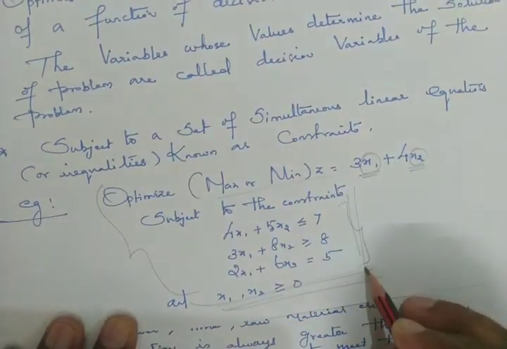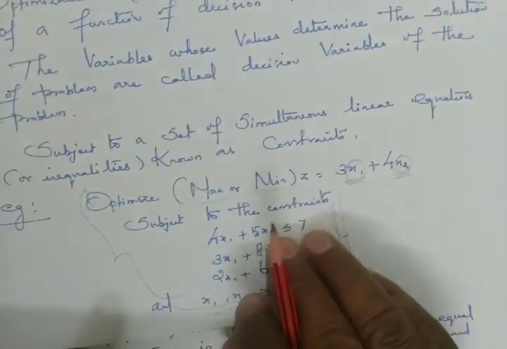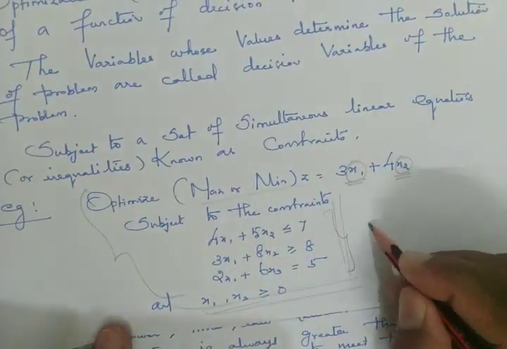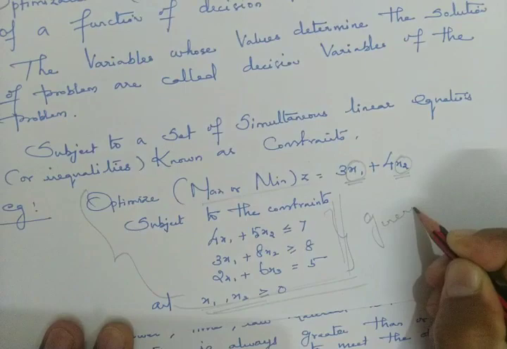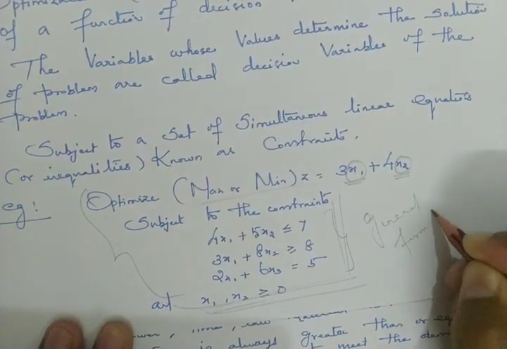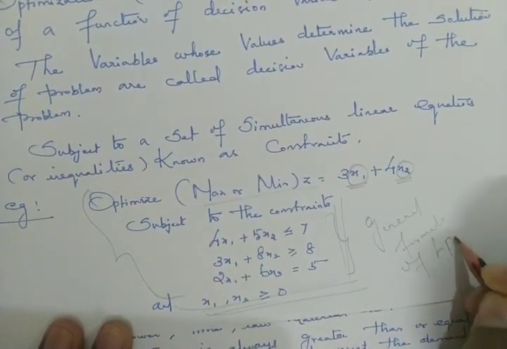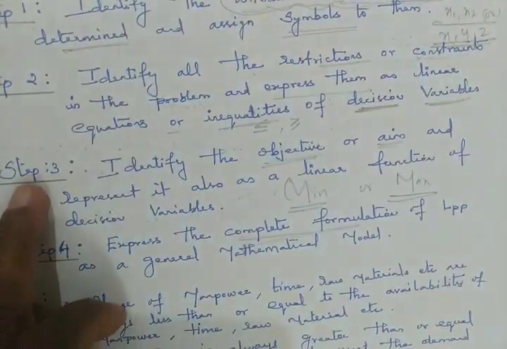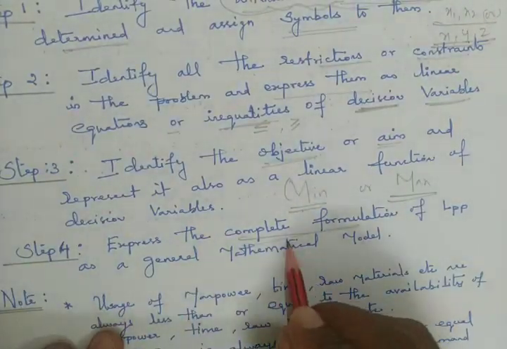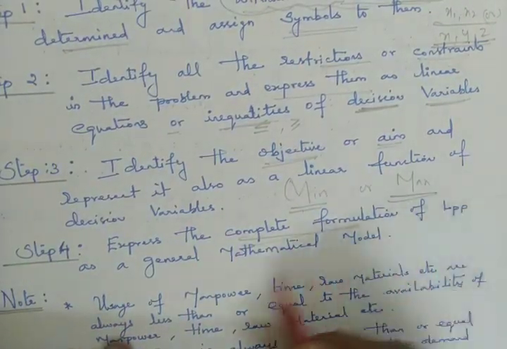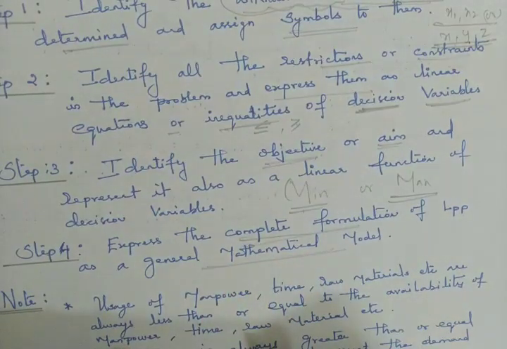This is the mathematical formulation, the general formulation of LPP. So after applying these 3 steps, the final step gives the complete formulation, the general mathematical model.